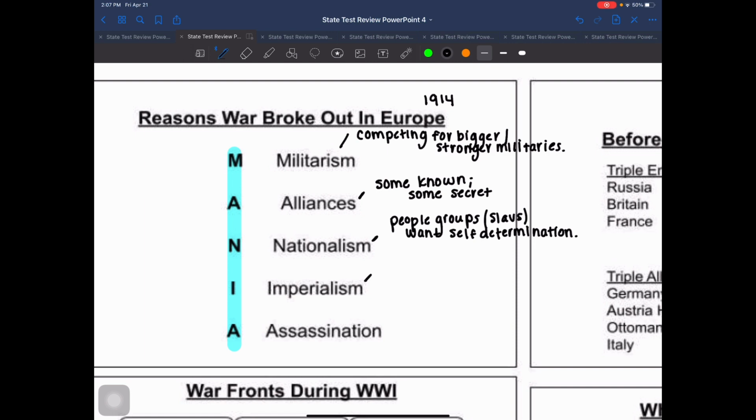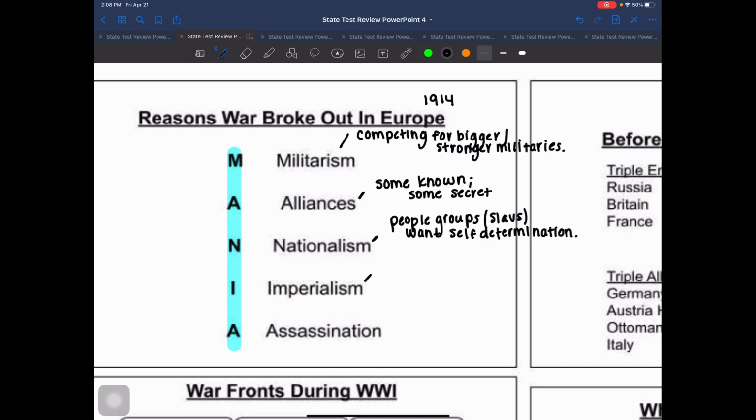Imperialism. These European nations, like we discussed in our last unit, have been traveling around the whole world for hundreds of years, claiming territory throughout Latin America, throughout Africa, throughout Asia, okay? And come to find out, there are some places around the world that they argued over. So there's already a lot of tension from the past over arguing over some of these areas.